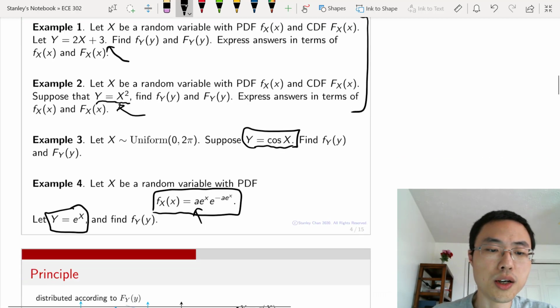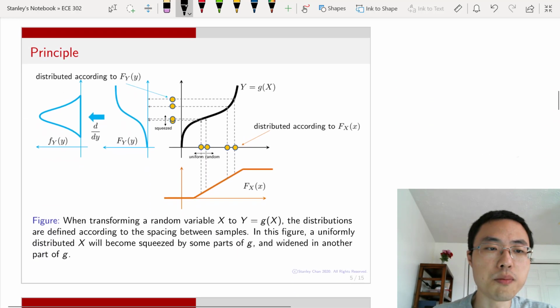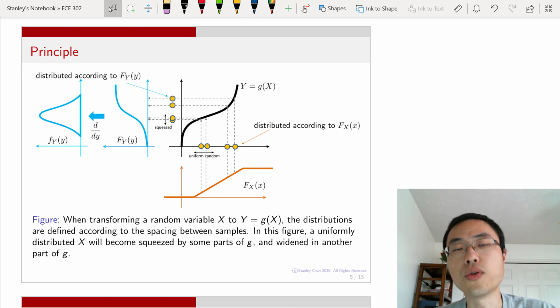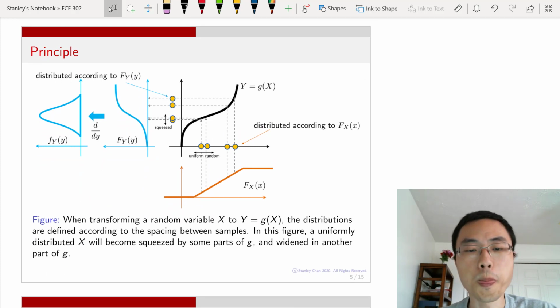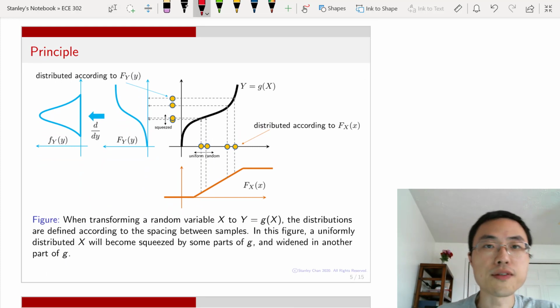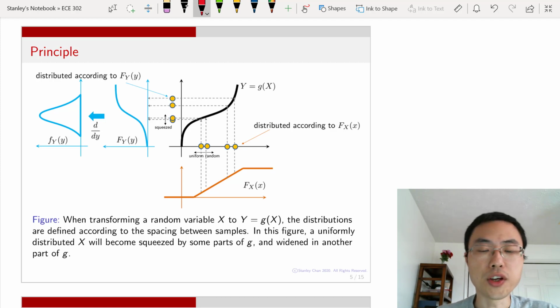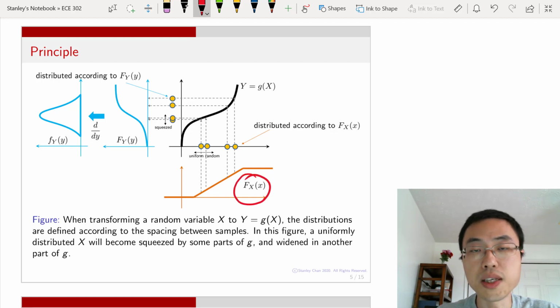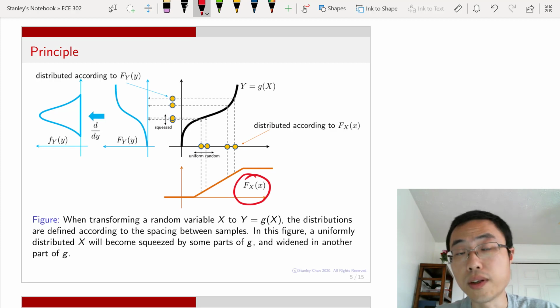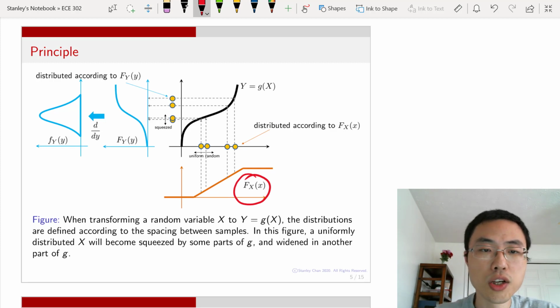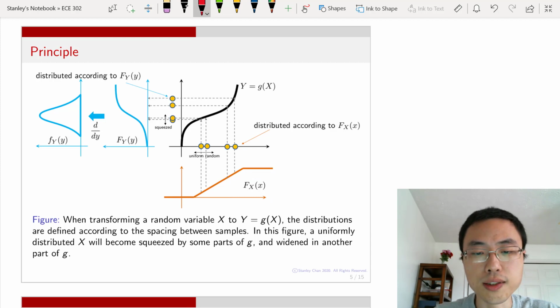Okay, so let me start by describing a picture, and then we'll go into the details of each example. The problem of transformation of random variables can be summarized by this figure. What this figure says is this: you have a random variable x, and then you have a PDF, and by integrating the PDF, you will get a CDF. So this is the CDF of x.